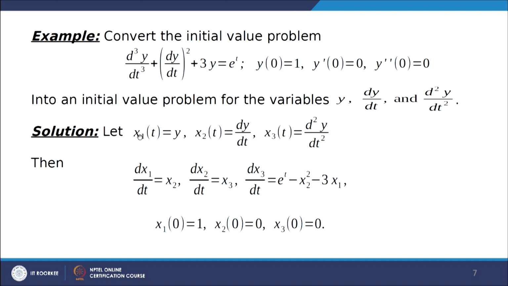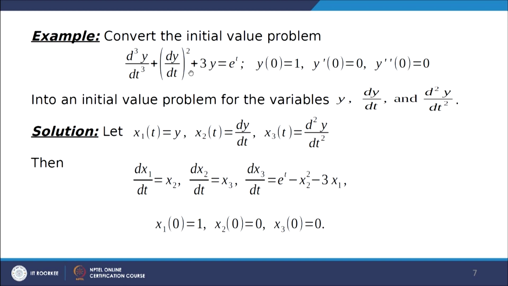Again, let us say x_1(t) equal to y, x_2(t) equal to dy/dt, and x_3(t) equal to d^2y/dt^2. Then d^3y/dt^3 will be dx_3/dt. If we take the terms (dy/dt)^2 plus 3y to the other side, we get e^t minus x_2 squared, since dy/dt is x_2, minus 3 times y, which is x_1.